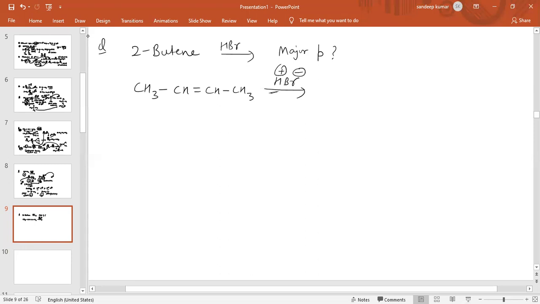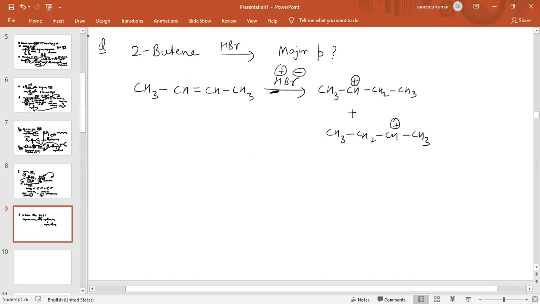So in the first step there is an attack of electrophile, and after the attack of electrophile there is the possibility of formation of two carbocations. One is this one, and another possibility is this one, CH2CH+CH3.